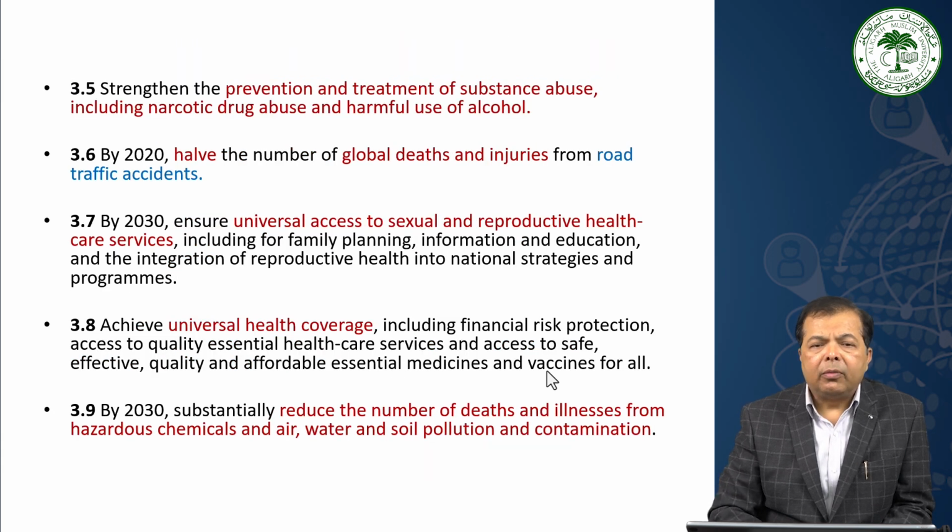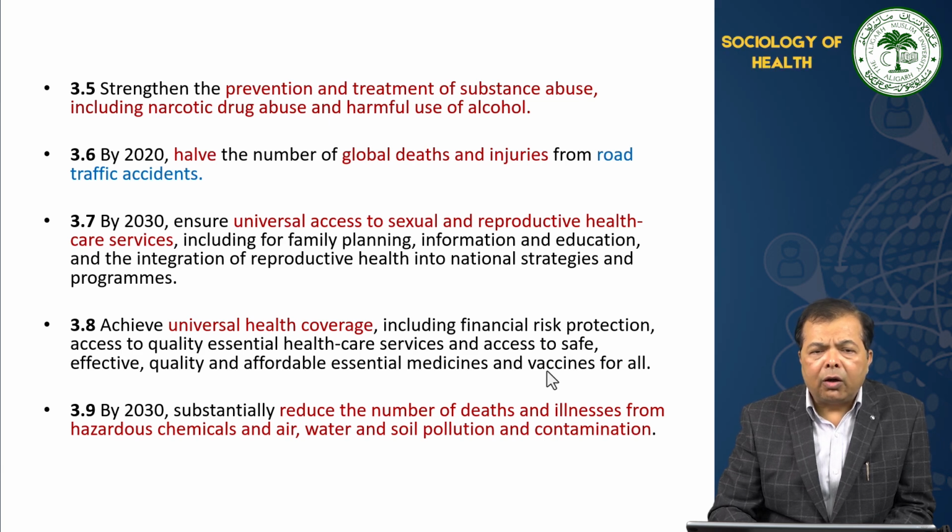Then 3.5 says that the strengthening prevention and treatment of substance abuse, including narcotic drug abuse and harmful use of alcohol. That means substance abuse is becoming one of the major problems among various age groups, and so there should be prevention and treatment.